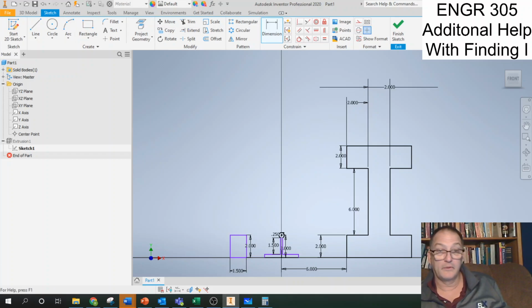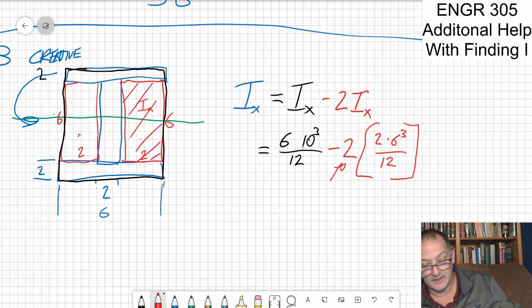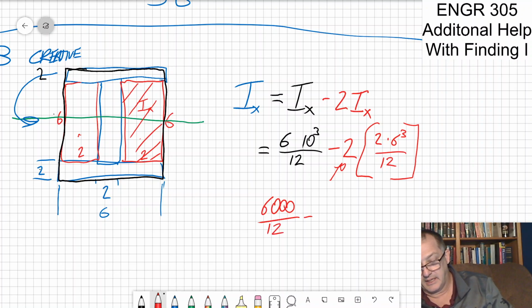Now, what did we calculate this as? I gotta jump back and forth. I calculated that as, oh, I didn't quite give you an answer, did I? I've got 6 times 10 to the third, 6,000 divided by 12, minus 2 times 6 divided by 12, 6 cubed. It's 216 divided by 12 is 18.